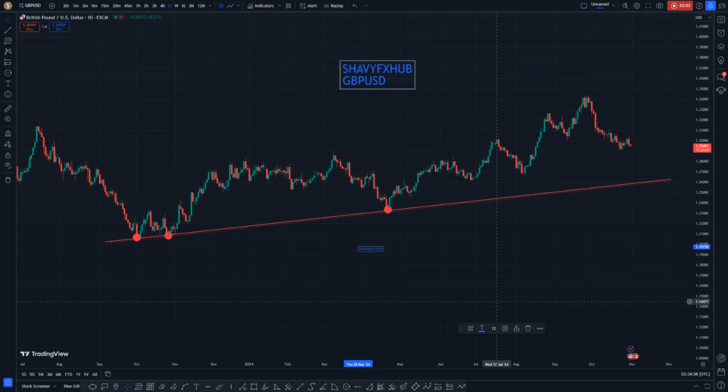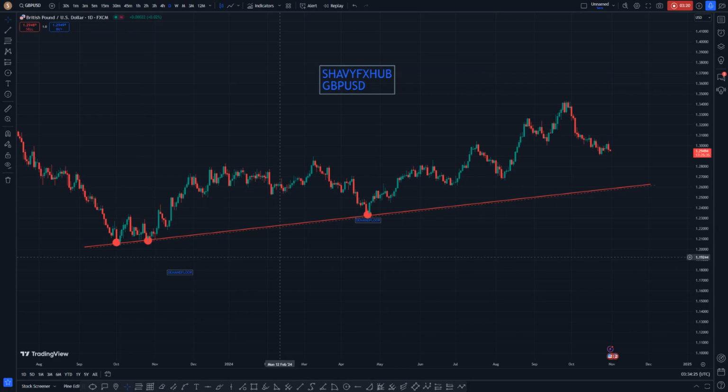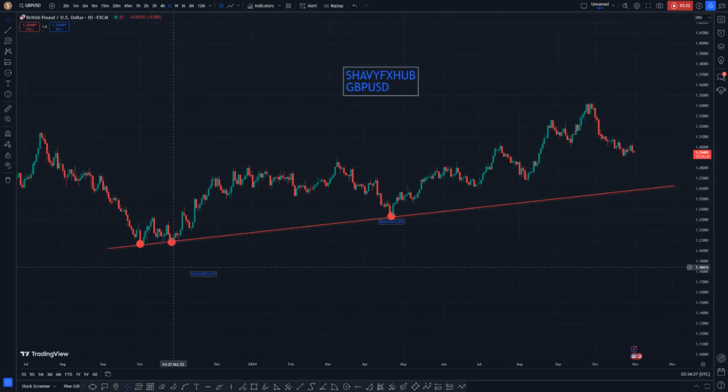We'll be hoping for a potential buy opportunity on the floor. So we have bought once, and we have bought twice, and the third is a third buy. So let's see if price is going to return for the third time.